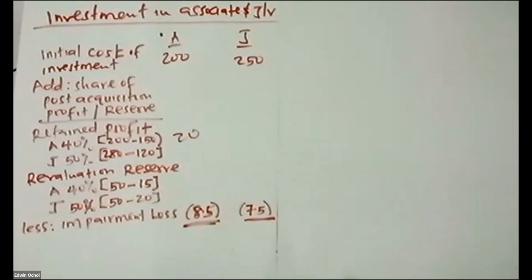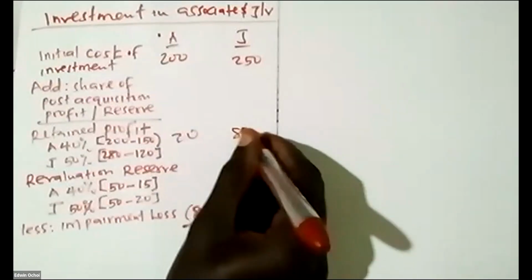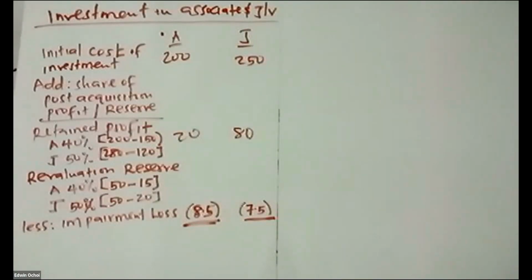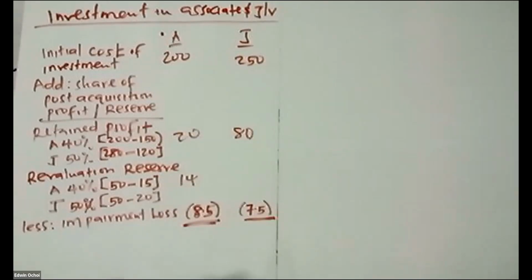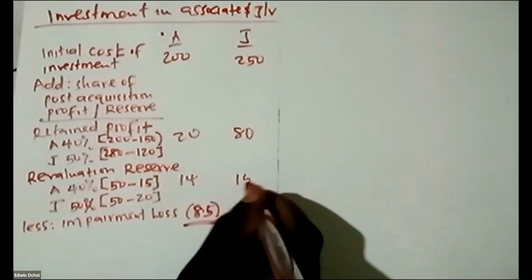Then 280 minus 120, that is which amount? 160. 160 times 0.5. This is 80. Yeah? 50 minus 15 times 0.4. This is 14. Then 30, so this is 15.